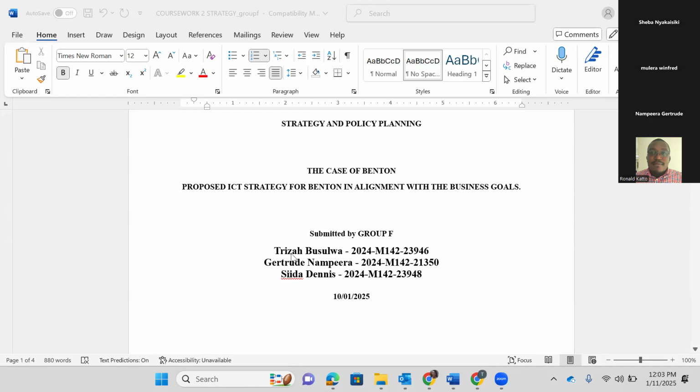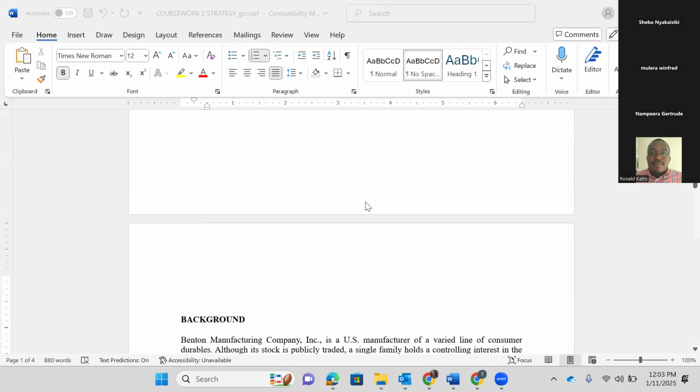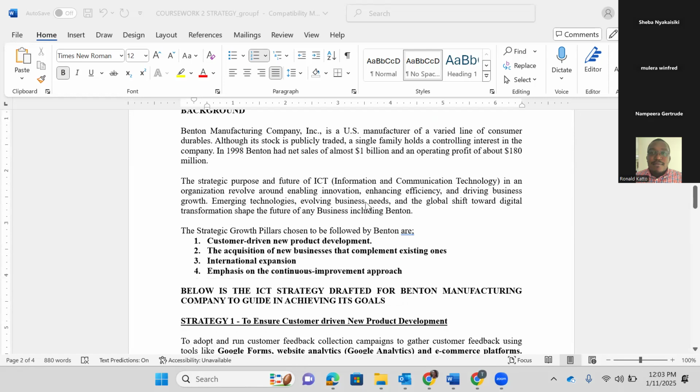Here, my group, we have Gertrude, myself, and Sida. Sida was not able to join today. So we have the proposed ICT strategy for Benton in alignment with the business goals. We give a background and then we look at the strategic growth pillars that were looked at by Benton.